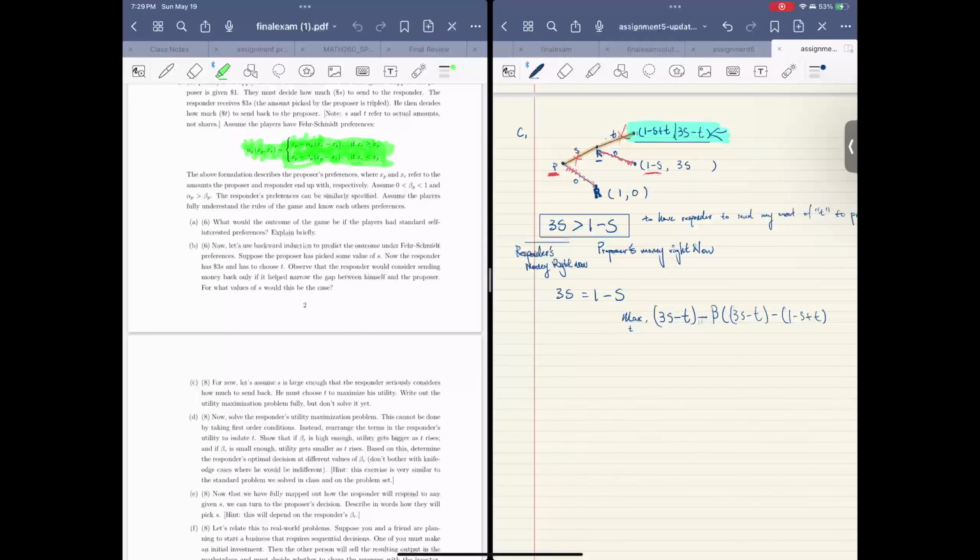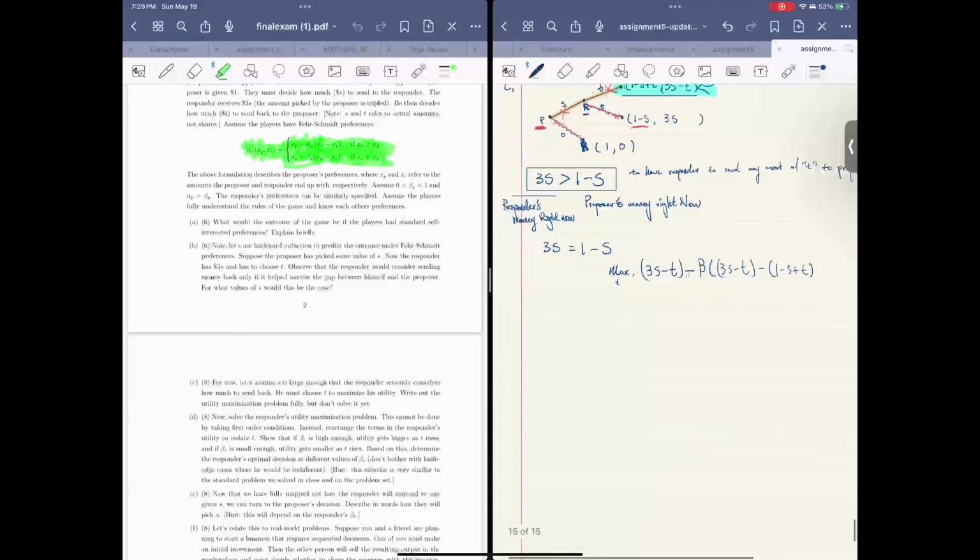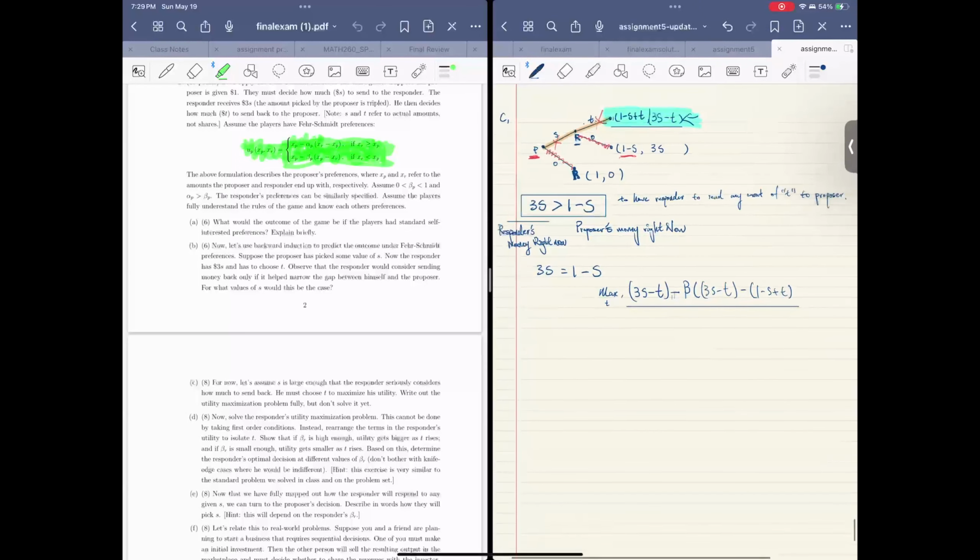So this is how you maximize your utility by sending some amount of T, under the condition that you actually gain utility from sending T. Wait, I'm sorry, why is it 1 minus S plus T? Because this is the proposer's, right? Right. But if I'm sending an amount of T, you get that amount of T. Okay, I see. Okay, thanks.